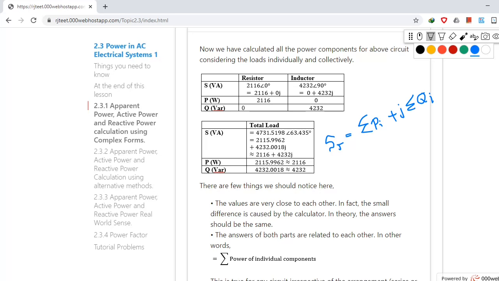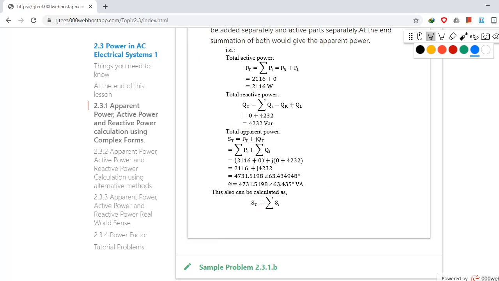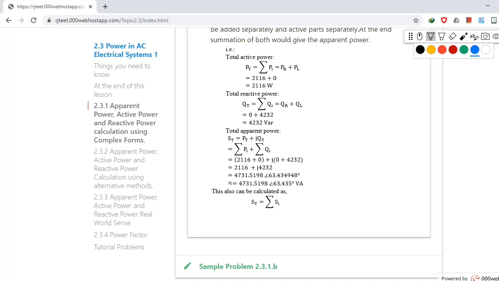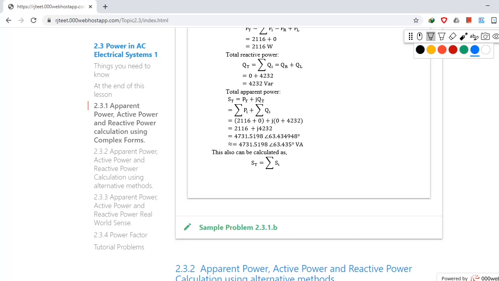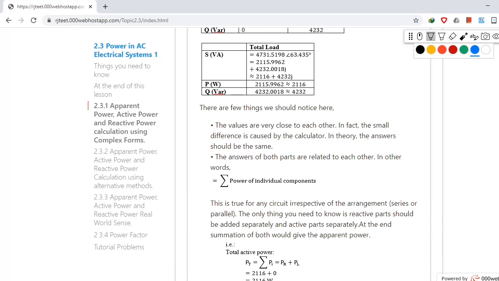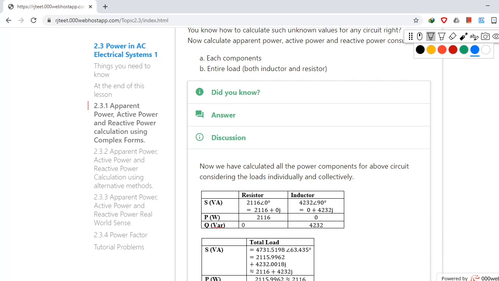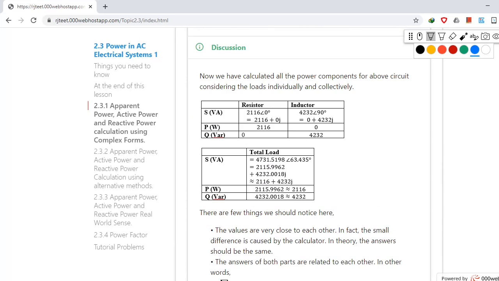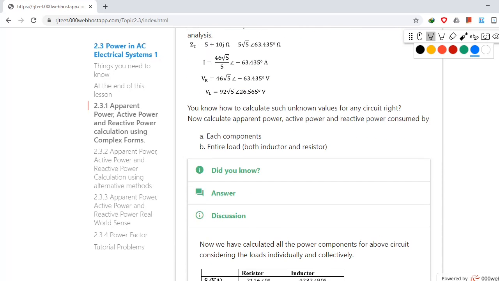I hope it is clear, and we have used that knowledge here to calculate total active power, total reactive power and the total apparent power at the end, right? So note this thing in your mind, because this relationship is going to be very useful in some situations to simply solve the problem.